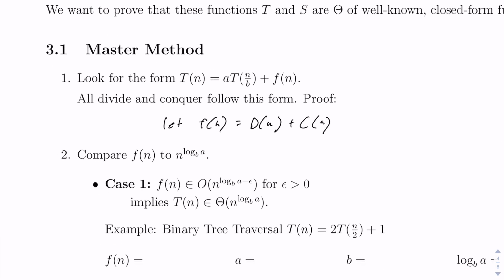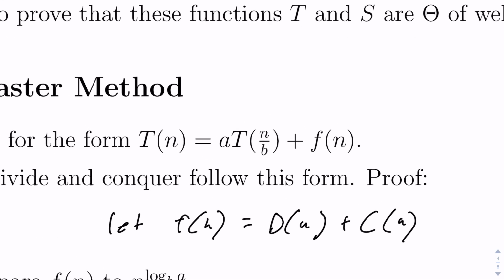Any questions so far about the form that you have to look for? Yeah. If I have a constant in my n over b, like n over b plus 17, does that constant affect my ability to use this form? So Rohit here is asking if we had a of T of n over b plus 17. Is that what you're saying? 17 outside.